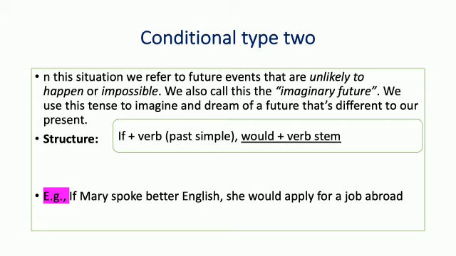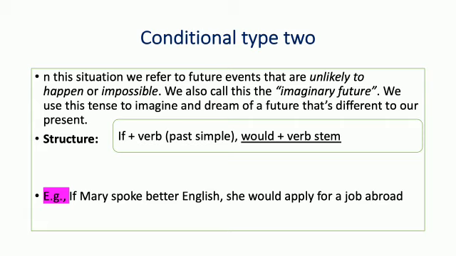So here we have the structure: "if" plus verb in past simple. In the result, we have "would" plus verb stem. So here you see that conditional type 2 is about something that's unreal or imaginary, or we are dreaming about something, okay.